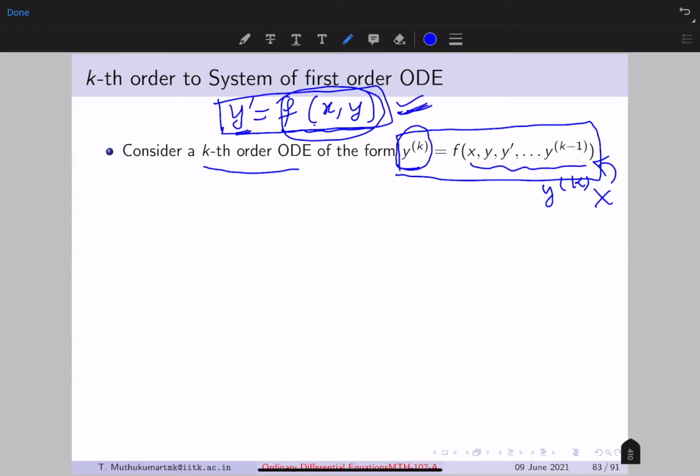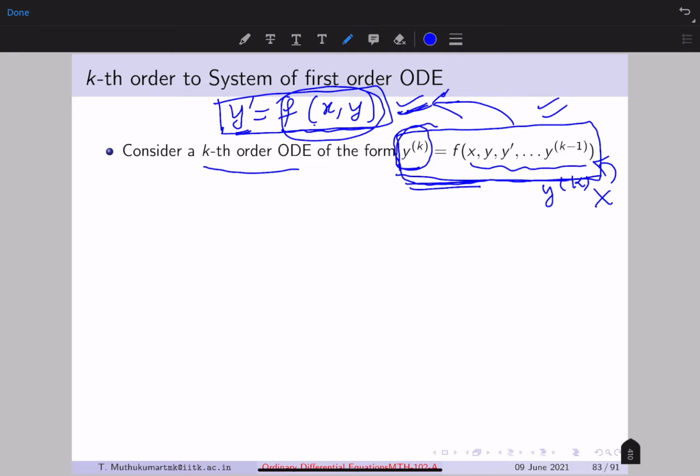Okay, so now how do we deal with an ODE of this form? The simple way to handle such ODEs is that any ODE of this form, which is of kth order, can be reduced to a first order ODE, but now as a first order system of ODEs.